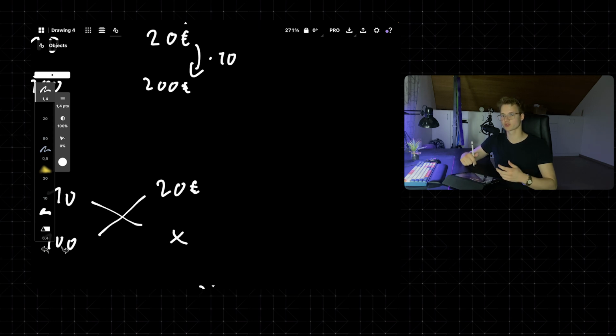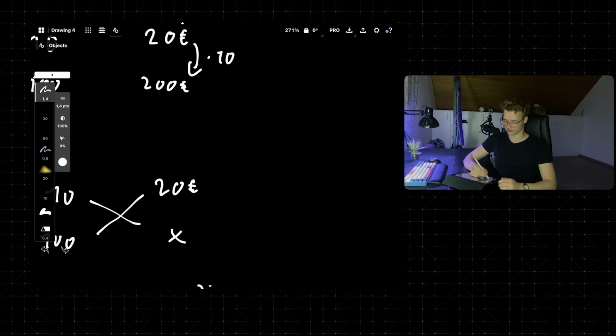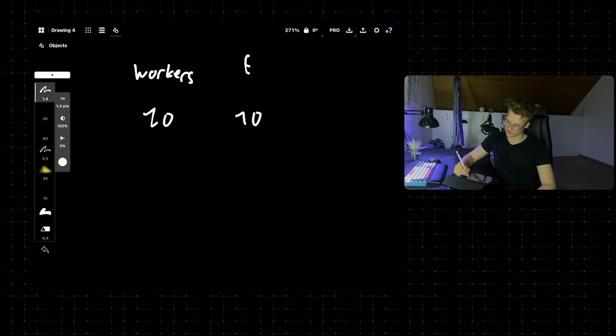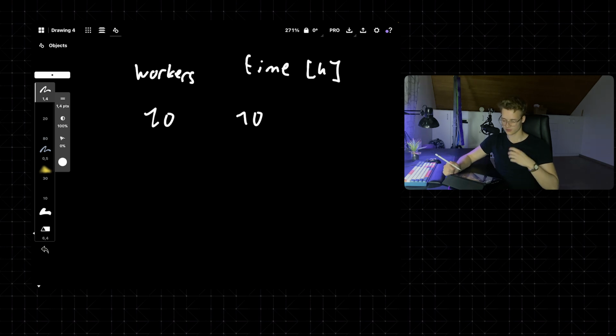In an inverse proportion, you would horizontally multiply them. So like this. Now let's do the example for the horizontal one. Say you have 10 workers doing a job, and 10 workers need 10 hours. Okay, so workers and time. 10 workers need 10 hours. We're just gonna write H here. So 10 workers, 10 hours. How many workers do you need if you want it to only take 2 hours? Okay?